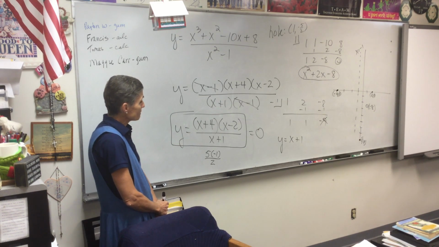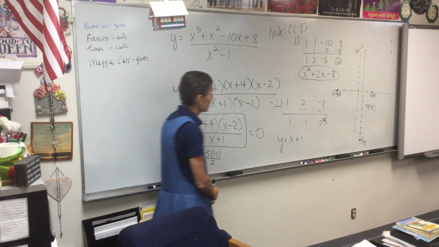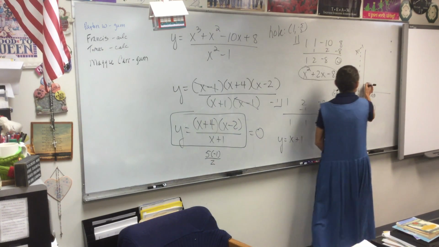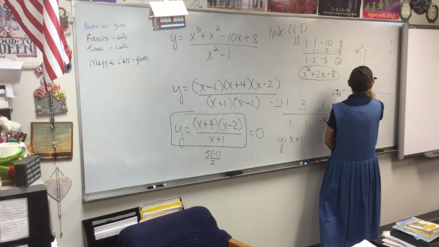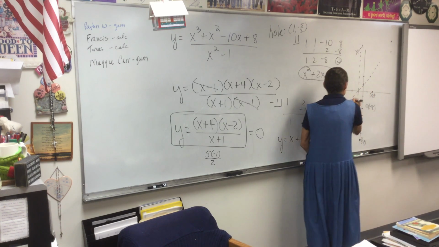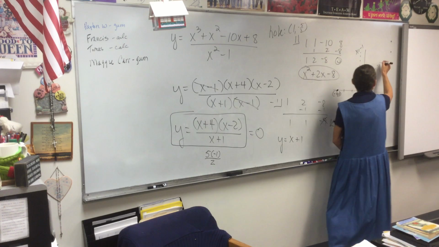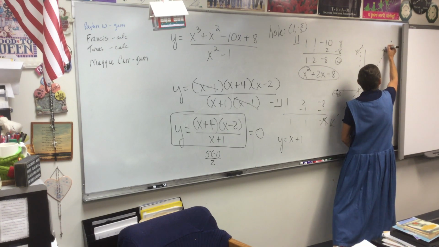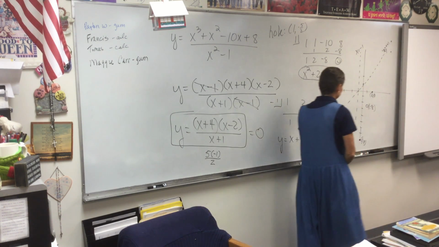Which is a line that goes through 1 and has a slope of 1. So it looks like this. That's the line y equals x plus 1.